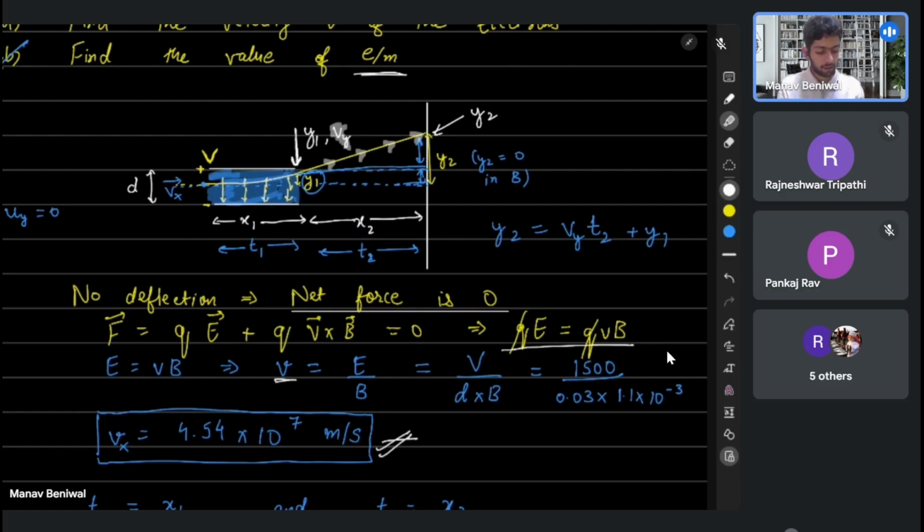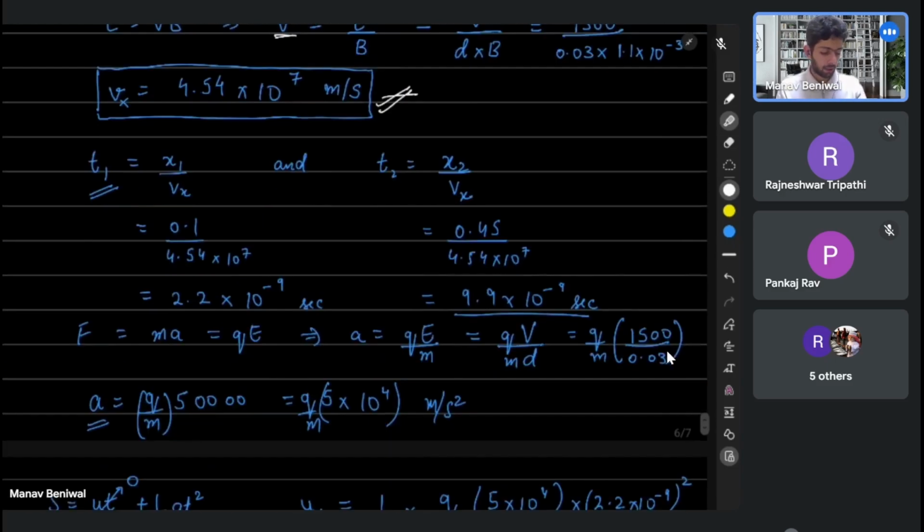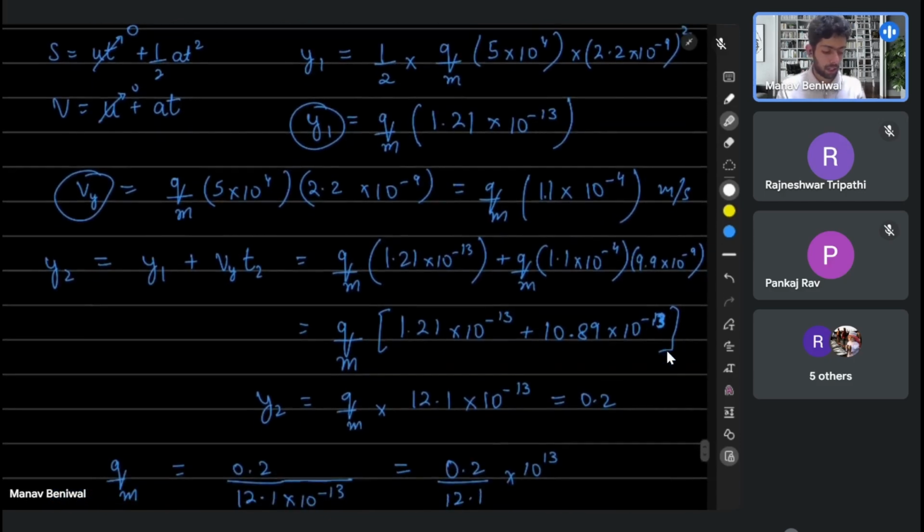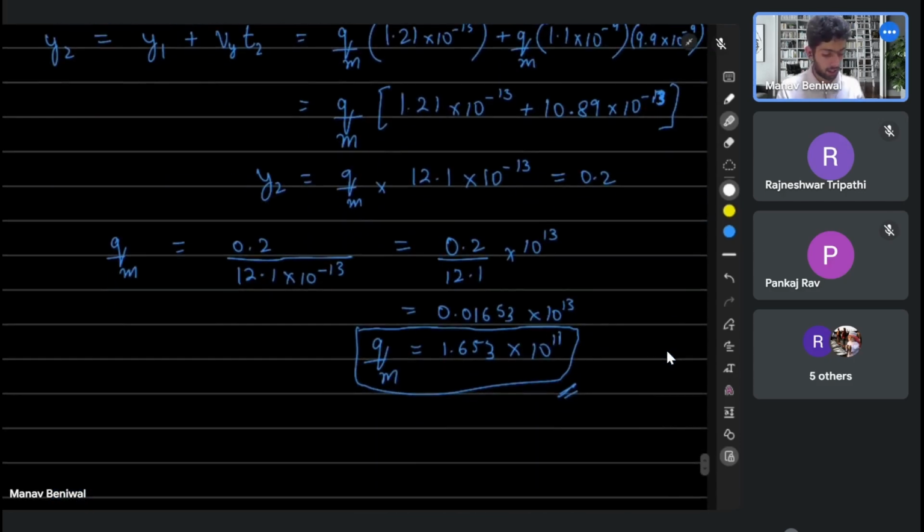So once we have the value of y1 and vy, we can use those values, as we have done, to calculate the value of y2. And you will note that this y2 comes out in terms of q by m.